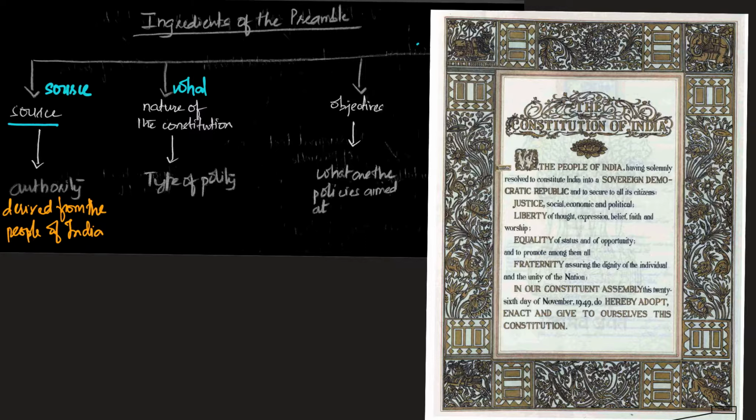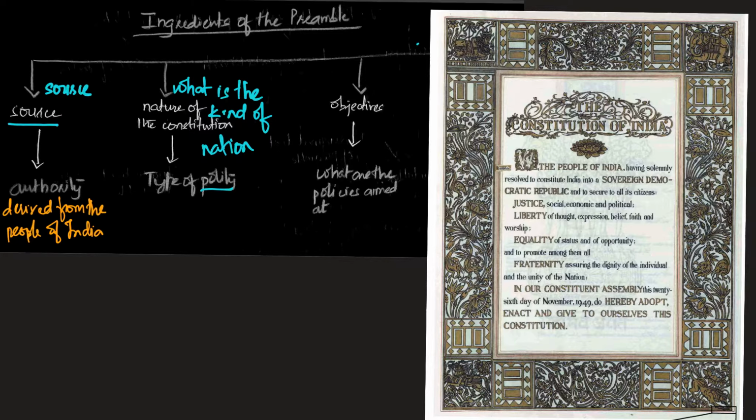What would be the aim of the government here, or to be more precise, what is the kind of governance we're talking about? What is the kind of nation India is? What kind of government is being formed here? What is the type of polity?